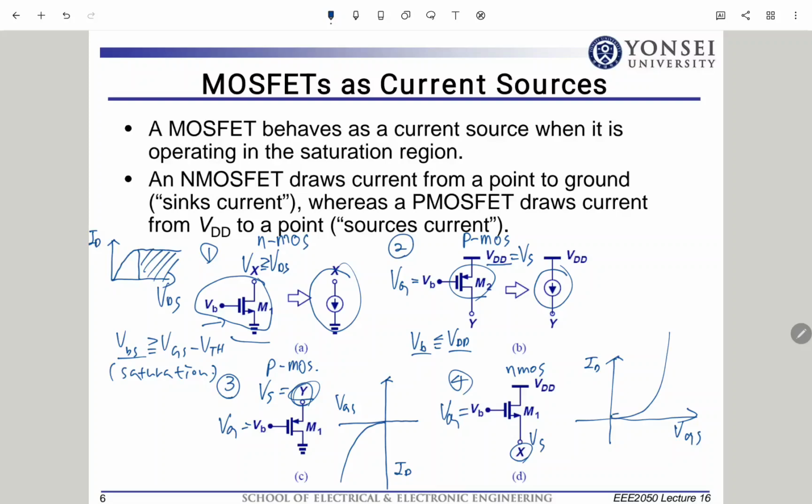Do you think this current profile is serving as a current source? No, of course not. That's why these two configurations cannot be used as current sources.